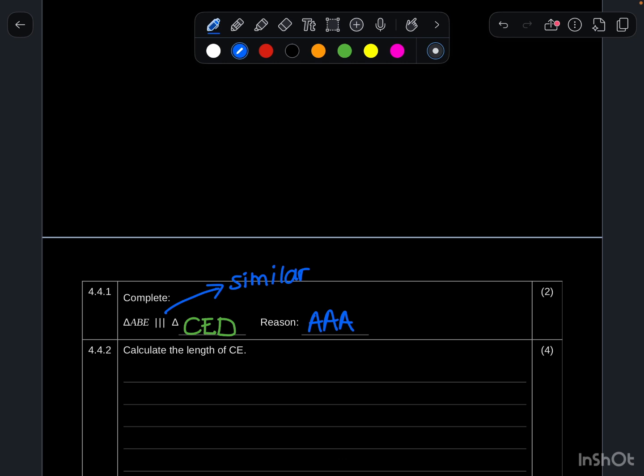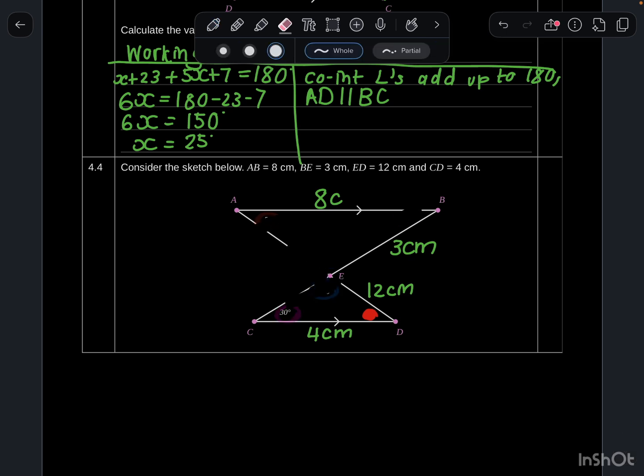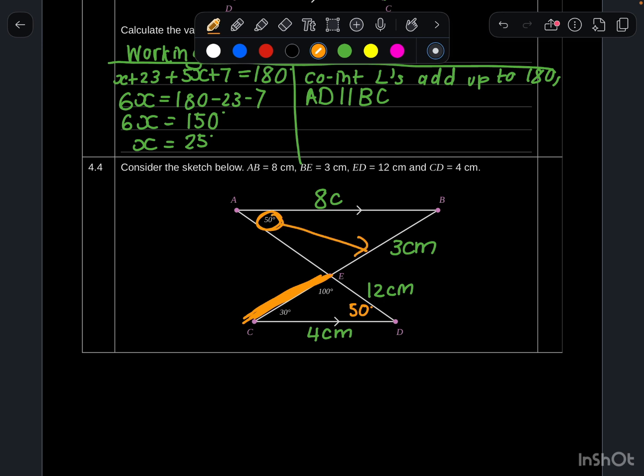Okay, now we can calculate the length of CE. So we want to know this length CE. CE is the one that's opposite the 50-degree angle, and then this one is a 50-degree angle, so it is going to be in proportion with BE.